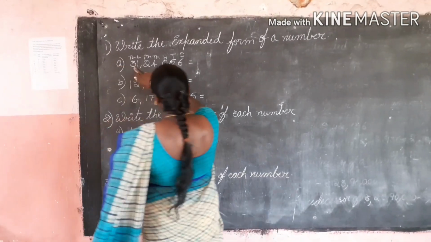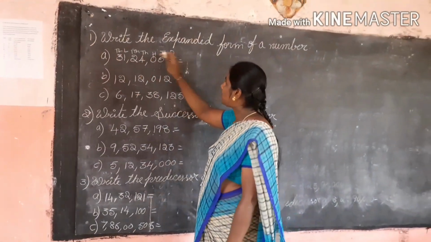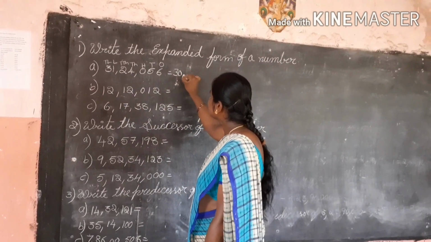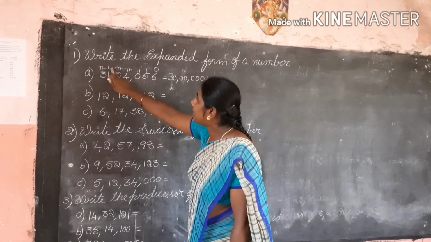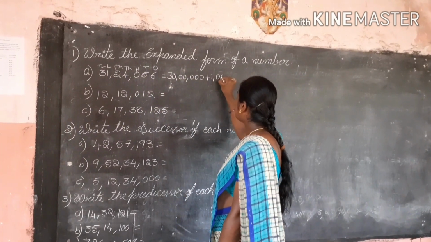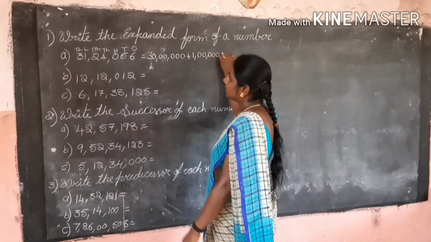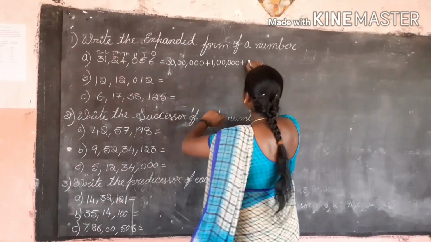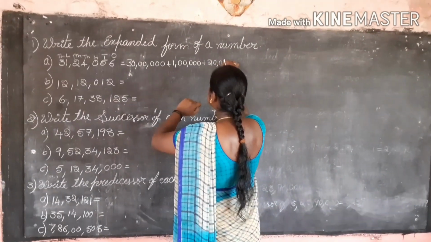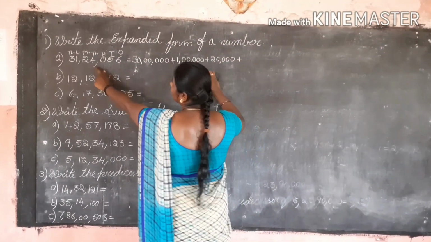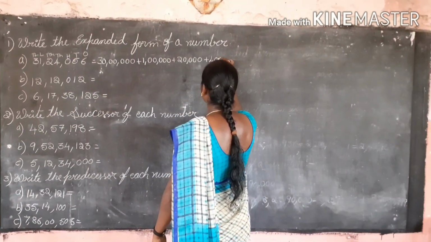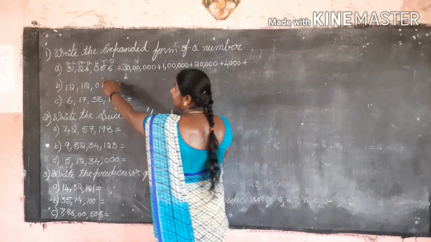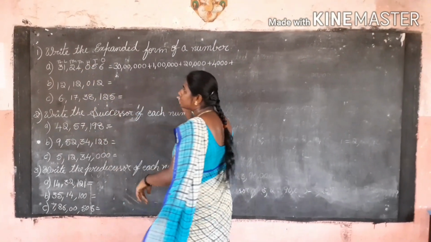Now see, 3 is in the 10 lakhs place, 30 lakhs, plus 1 is in the lakhs place, 1 lakh, 2 is in the 10,000s place, 20,000, 4 is in the thousands place, 4,000. Here 0 is there. What is the place value of 0?